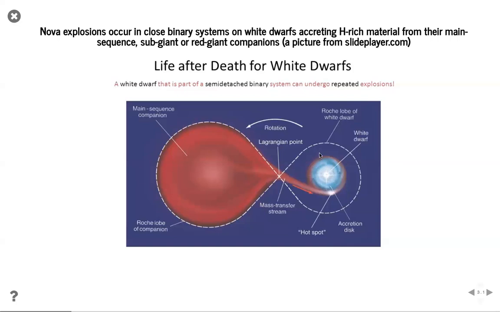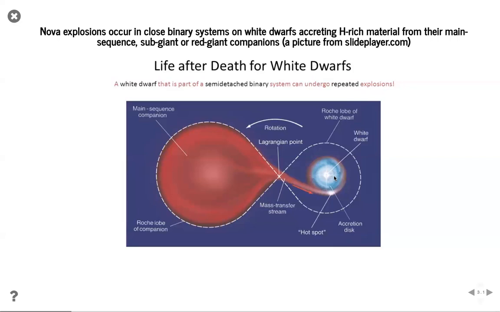After the envelope is ejected in the explosion, the accretion of hydrogen-rich material provided by the white dwarf's companion resumes. Therefore, such nova explosions in the same binary system can happen many times.